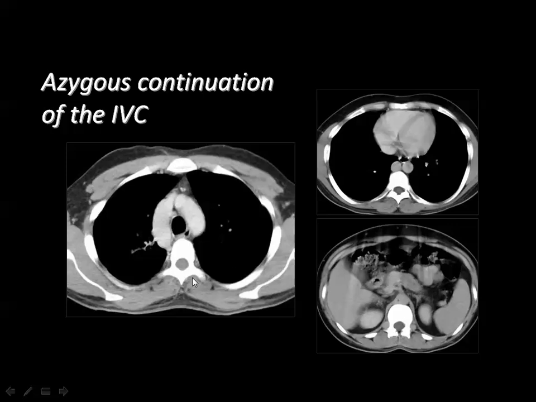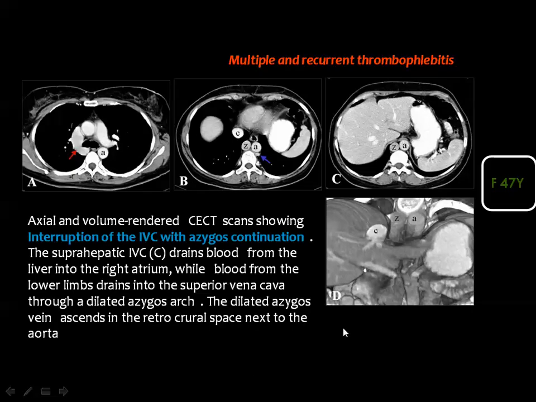If you go to the thorax, you see the azygos vein markedly dilated going to the superior vena cava. Then if you look here, you can see the aorta with the azygos vein to the right. If you see the vein to the left of the aorta, this will be the hemiazygos. If you see the vein to the right of the aorta, this will be the azygos itself.